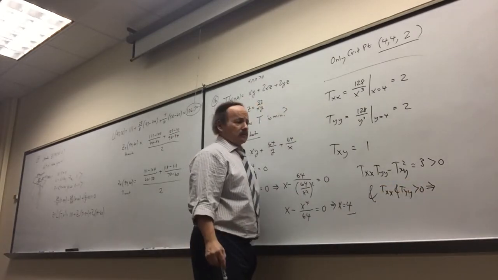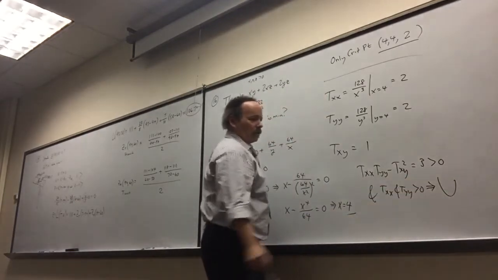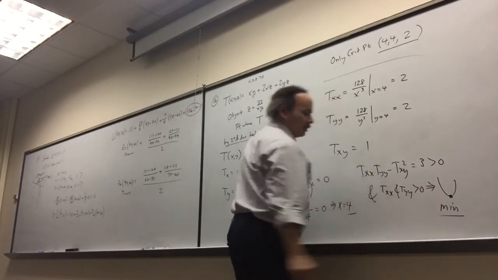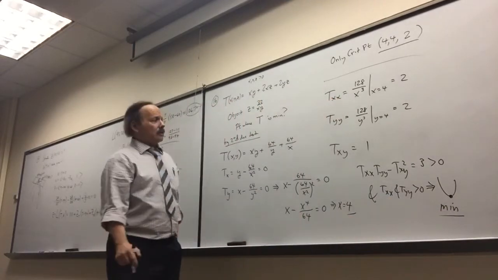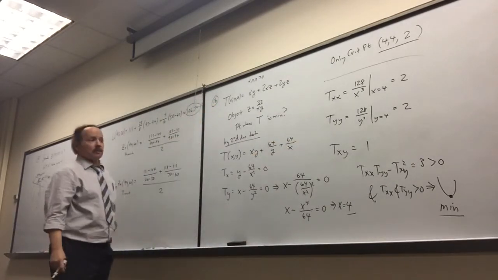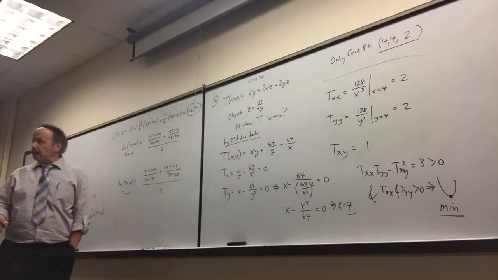Concave up, right? So min. So you've just verified both of these are positive as well, so the whole second derivative was positive, which means you're concave up, so you have a min. Because it's the only critical point and you're concave up there, it must be the absolute min, right?